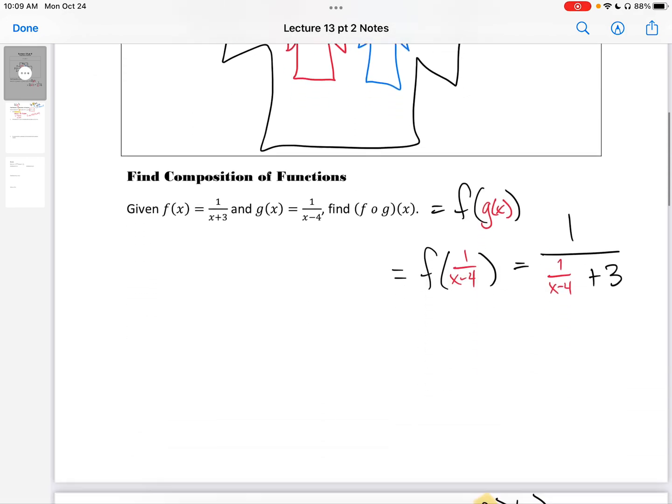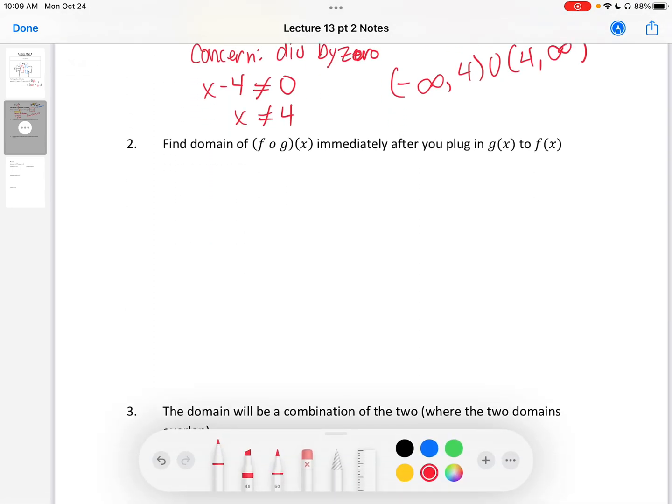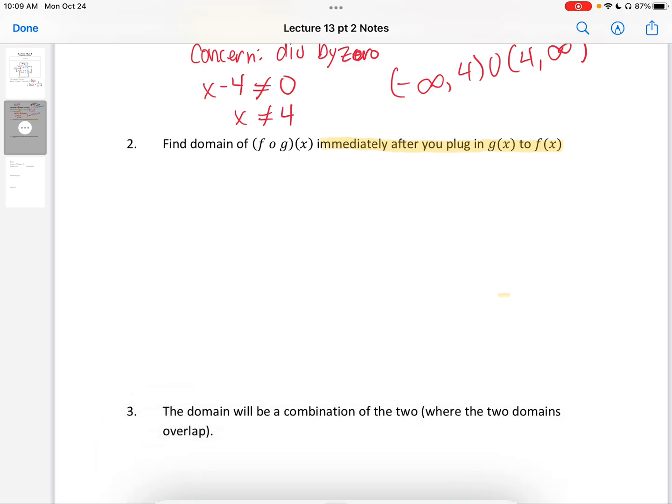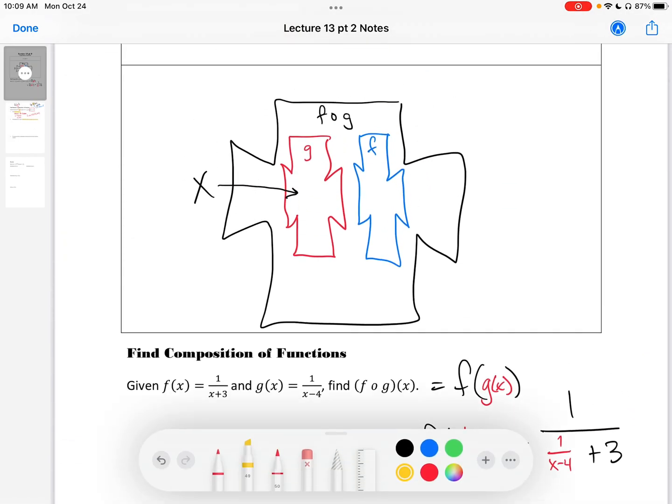Okay? Now, second one here, because there's a second part of it. We need to find the domain of f open circle g immediately after I plug in my g of x into my f of x. So, why is that? Well, if we think back to our last video, what happens here? After my x enters my g, the output comes out, which is g of x.